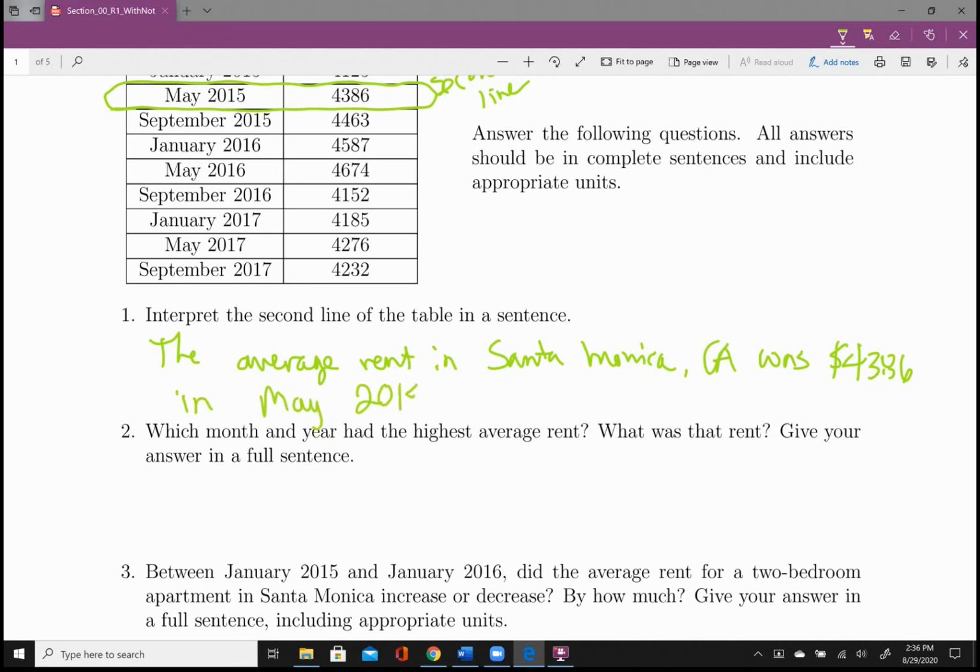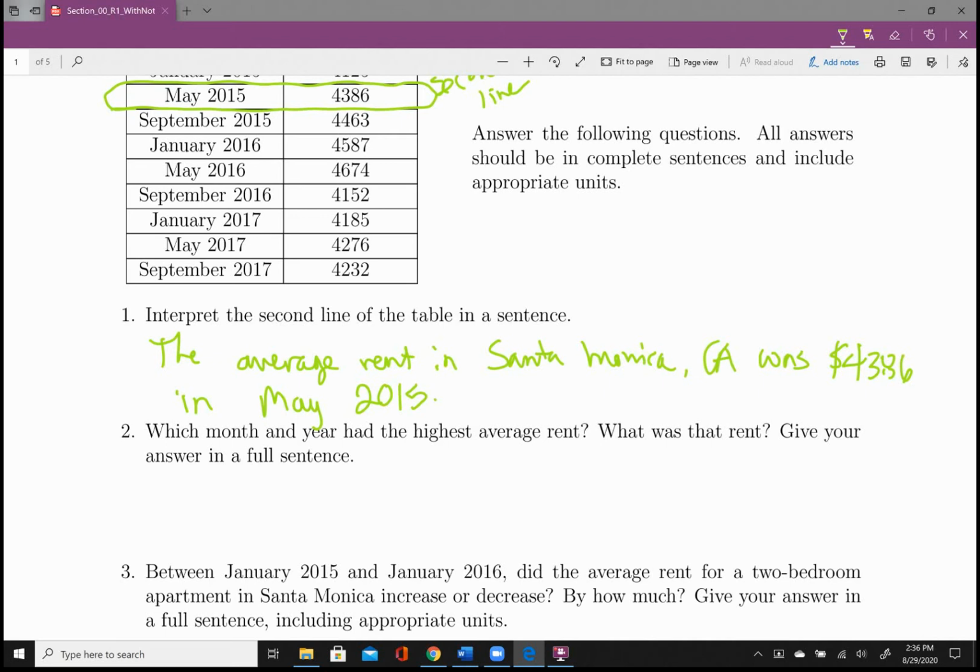So notice that my grammar was sufficient. I have all the pertinent information and I wrote it in a complete sentence. It's really all that I'm asking for here and all that I'm looking for in your responses in general.